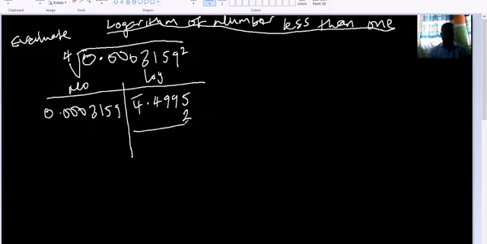Now I want to tell you something here. Don't use calculator. Don't press minus 4.4995. Simply multiply it like this, because if you do it like the former one I said, you will miss it. So what you have here is 0. Here you have 9.